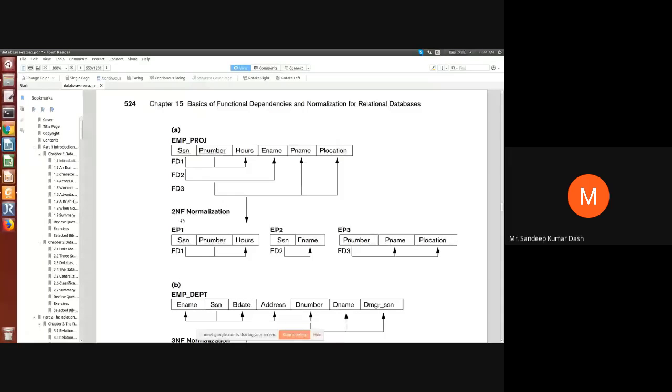Any doubt? No doubt from anyone? Means everybody got it, or it was over like a bouncer. How many say this concept is clear?